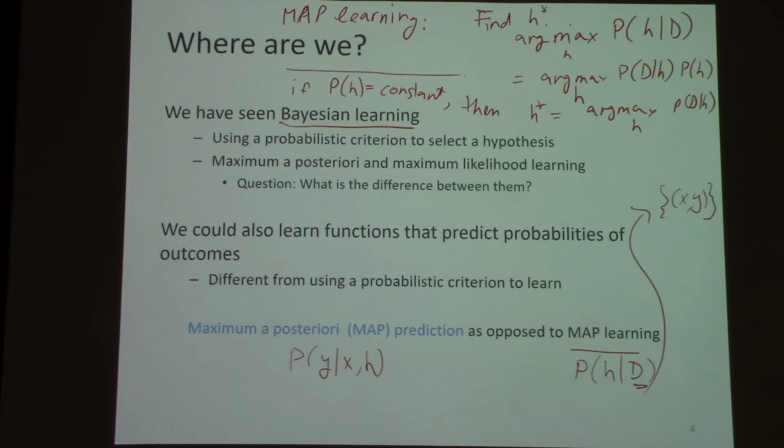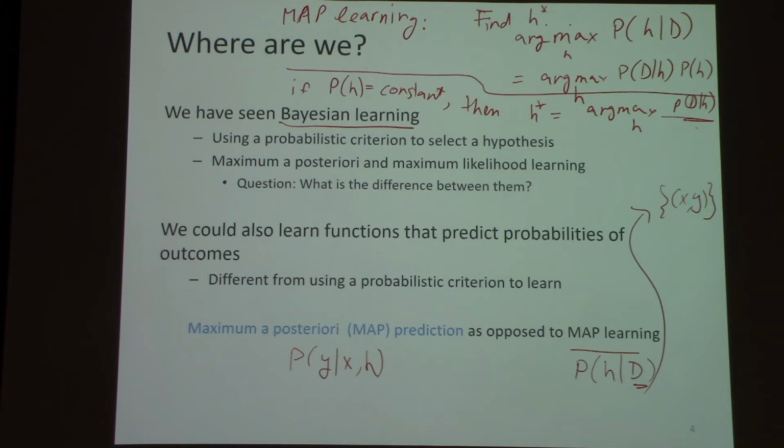Right? Now, this part here at the bottom is called maximum likelihood. Why? Because this term here is the likelihood of the data. If the priors were uniform, then MAP estimation is the same as maximum likelihood estimation. In fact, you can define maximum likelihood estimation as MAP learning with uniform priors.